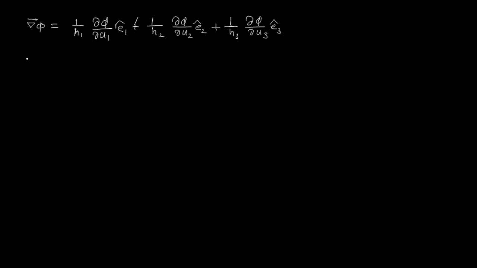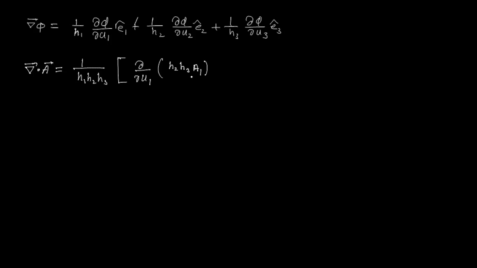Same way in cylindrical coordinate system. Okay, and then if you want to define the divergence of a vector quantity, the general definition we can write in this way: 1 by h1 h2 h3, and then we have to differentiate with respect to u1, and we have to multiply here h2 h3 and the first component of this vector.